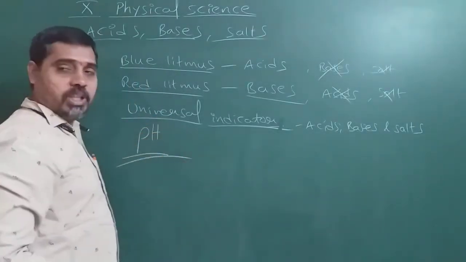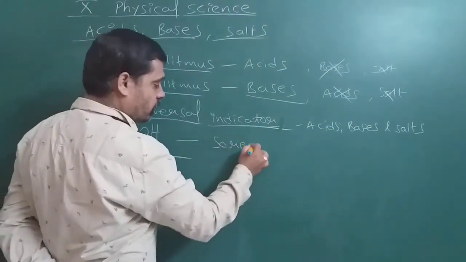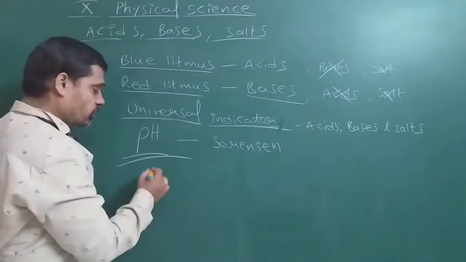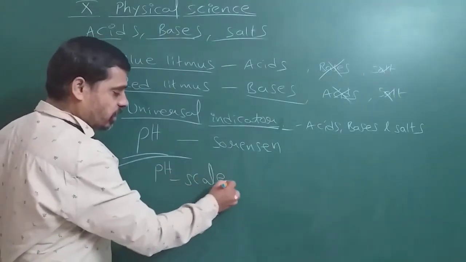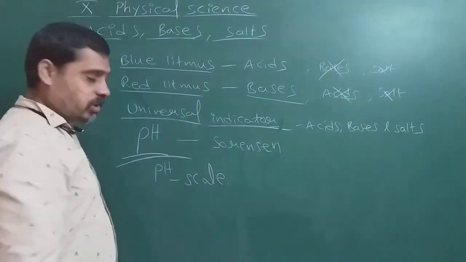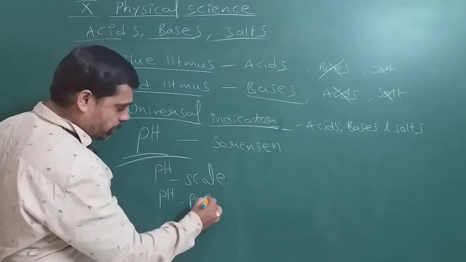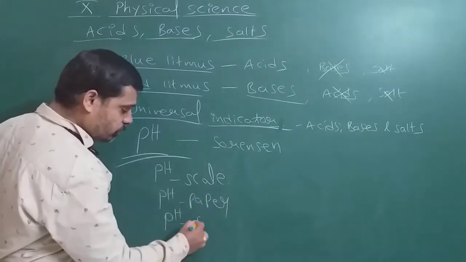This was introduced by Sorensen. He gave one scale that is known as the pH scale, pH paper, or pH solution.